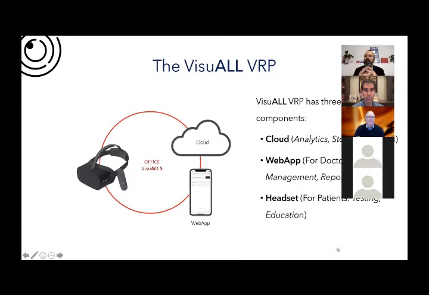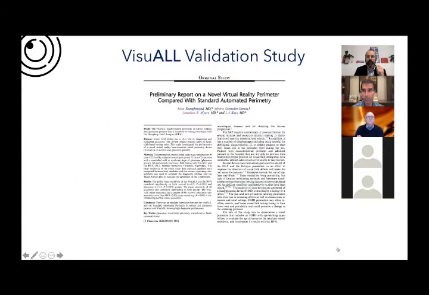And the third component is the headset, which is the part of the system that the patient interacts with, and the part that we use to stimulate and record the sensitivity of the patient.